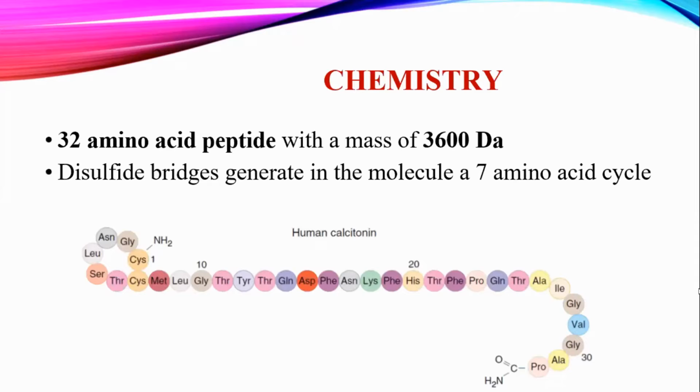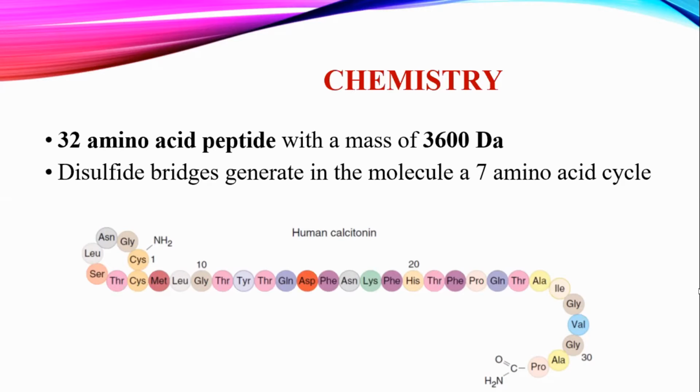Talking about chemistry, like parathyroid hormone, calcitonin is also composed of amino acids, so it is polypeptide in nature. It contains 32 amino acids and has a molecular weight of 3600 Dalton.